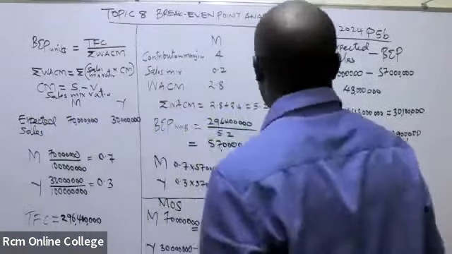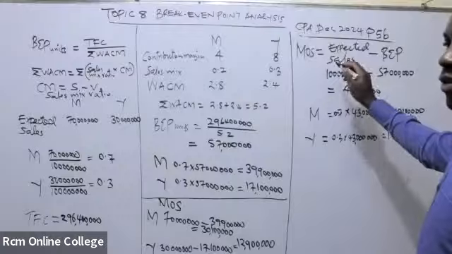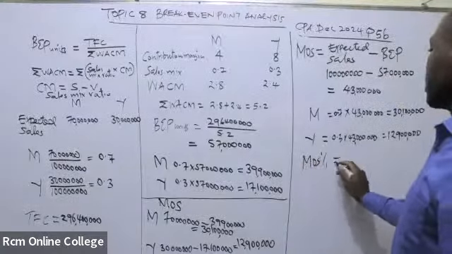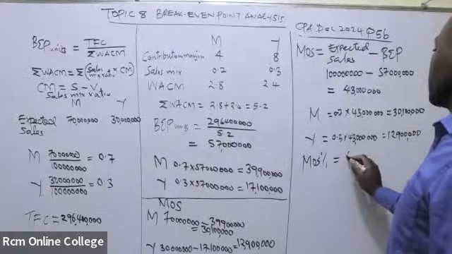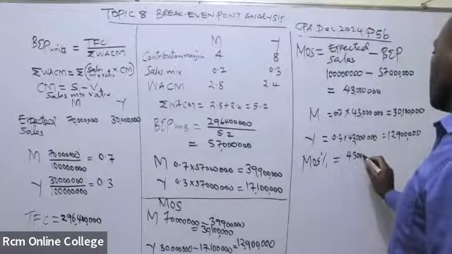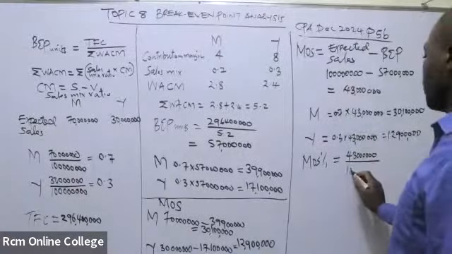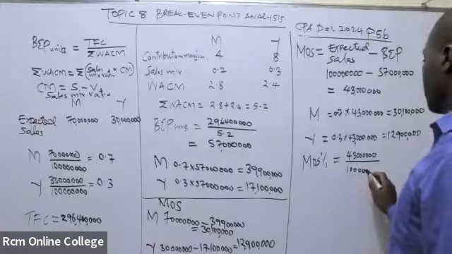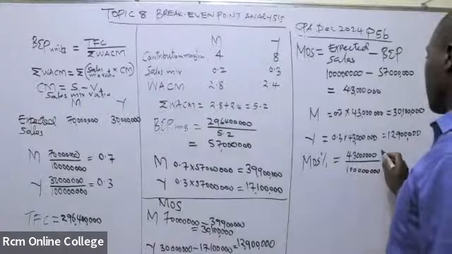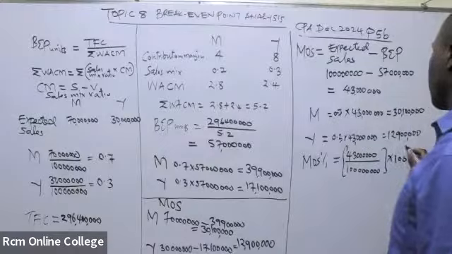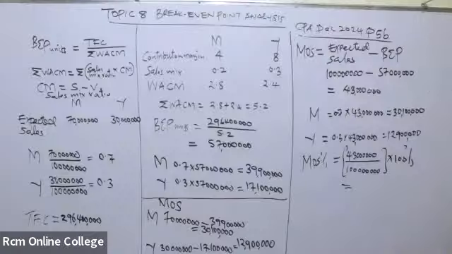Good. Can we go ahead and get our margin of safety as a percentage? Margin of safety expressed as a percentage is equal to the margin of safety, which is 43 million, divided by expected sales, which is 100 million. Then of course we express this as a percentage.